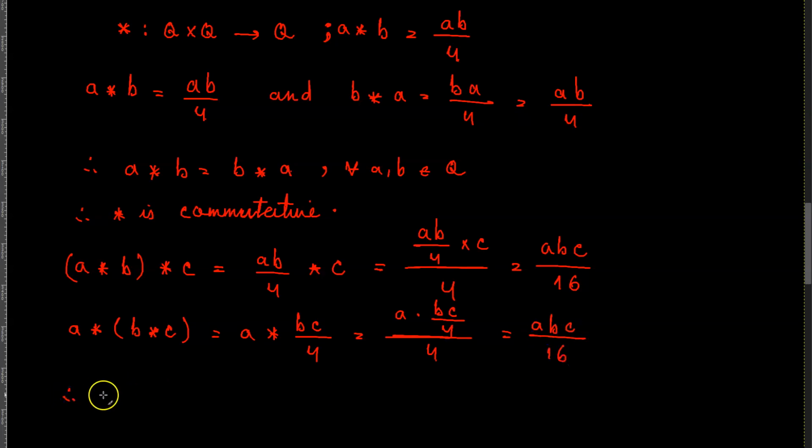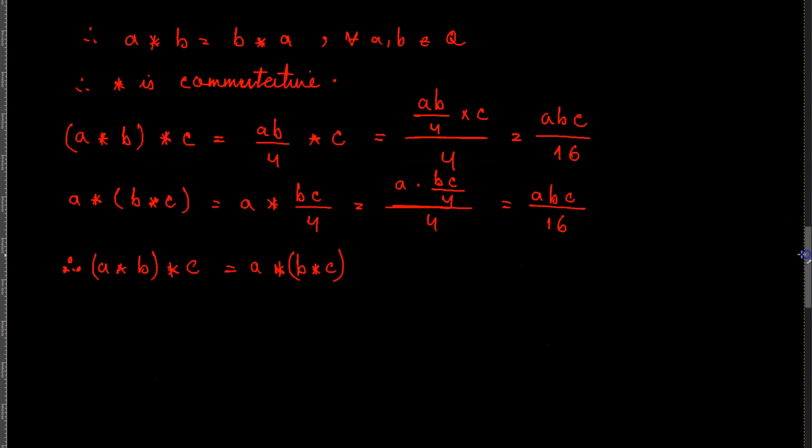And therefore you can see that A star B star C is the same thing as A star B star C, which means that star is associative. Star is associative. So that was part 5 of this question.